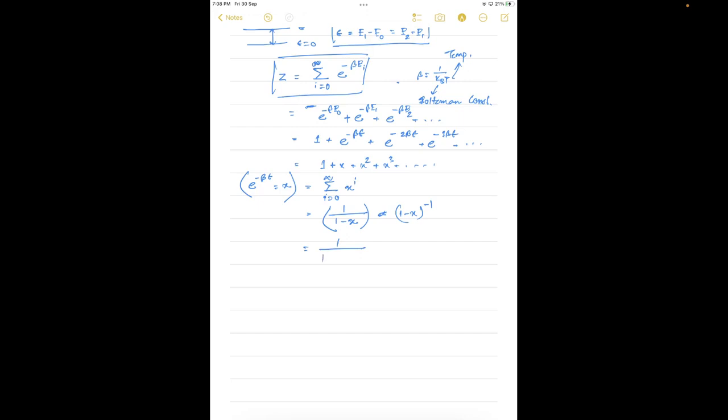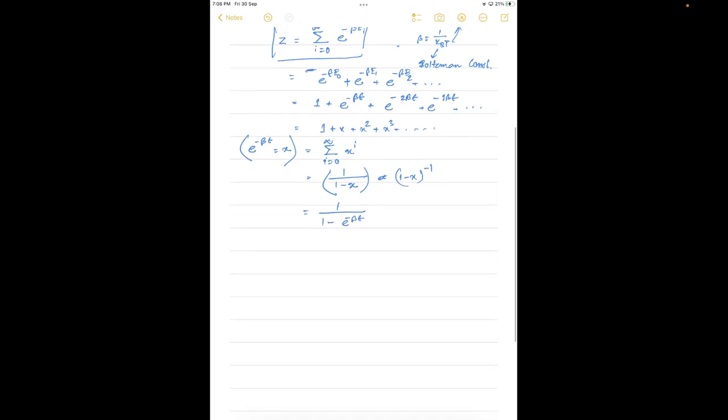So 1 divided by 1 minus exponential minus beta epsilon. So the molecular partition function for this system having equispaced energy states of epsilon unit is Z equal to 1 upon 1 minus e to the power minus beta epsilon.